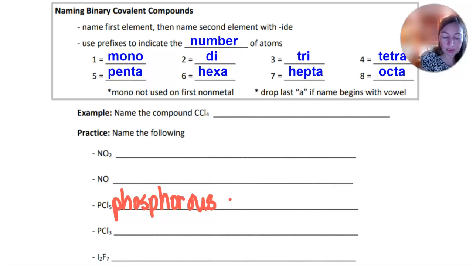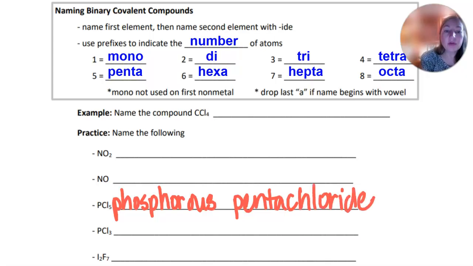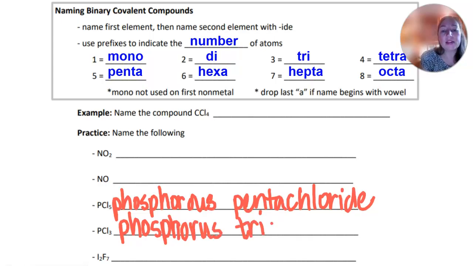And then we need penta, 5. Pentachloride. We don't put mono at the beginning. Then we'll have phosphorus, and we'll have trichloride.